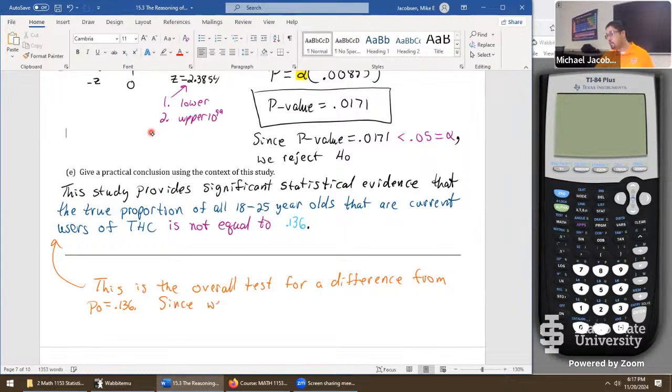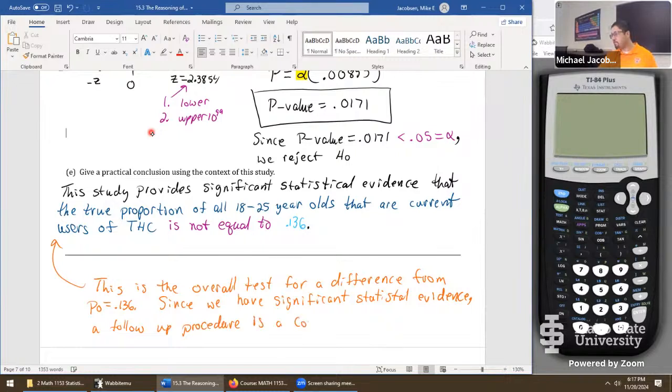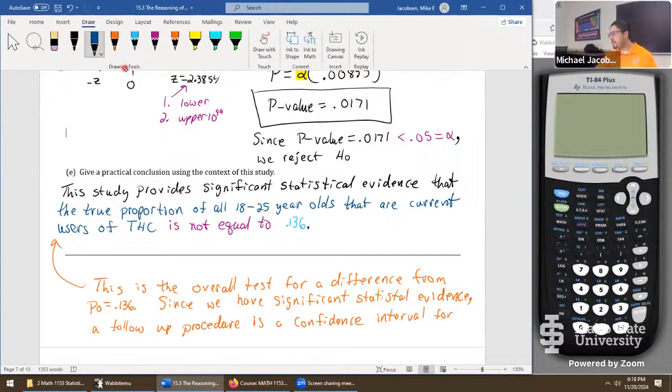Since we have significant statistical evidence, a follow-up test, well, let's not call it a test, a follow-up procedure is a confidence interval for P, the same parameter once again, at C equals some percent, excuse me, confidence.